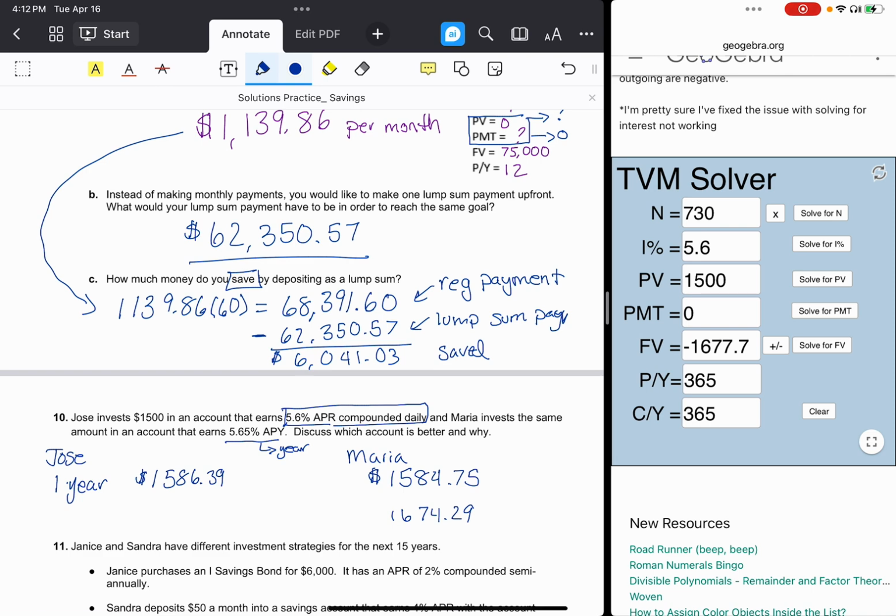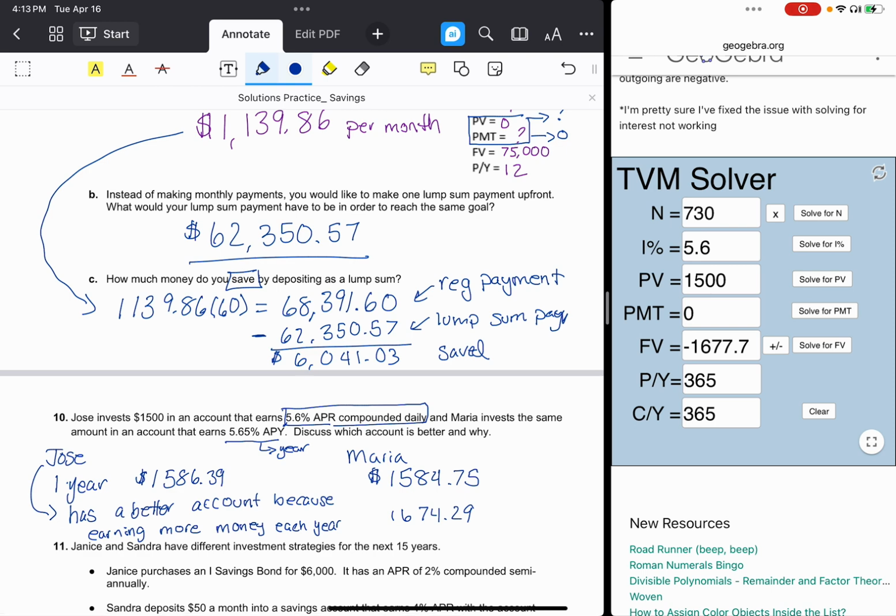Jose's, option 1, has a better account because it's earning more money each year. And it's going to keep being more and more.